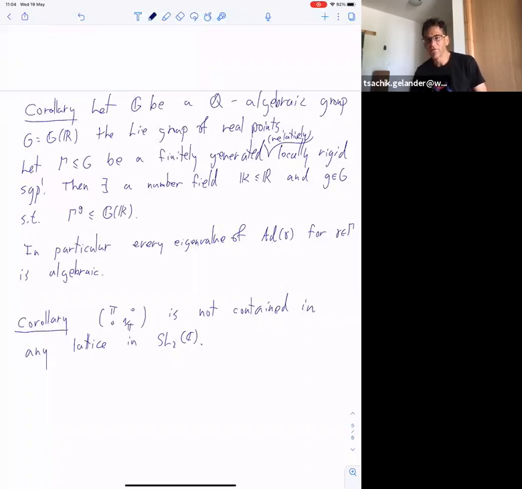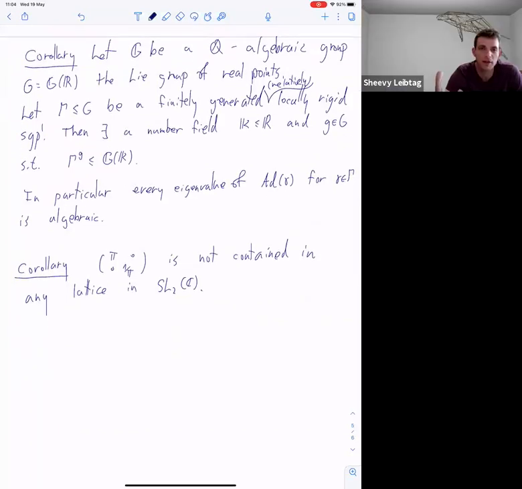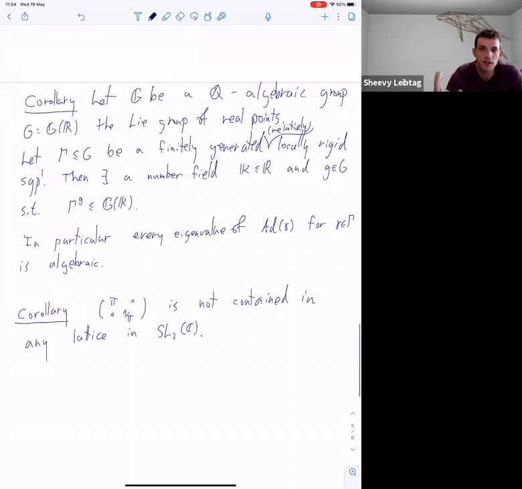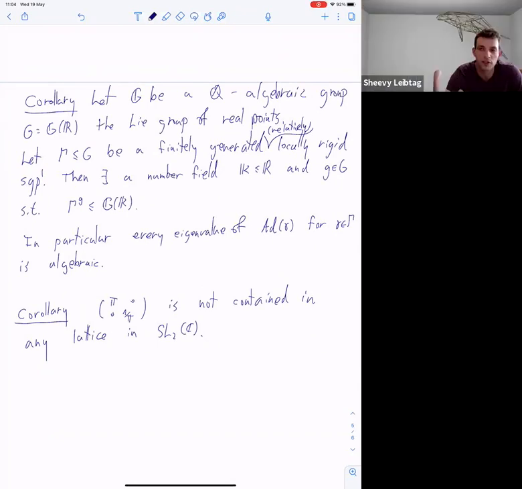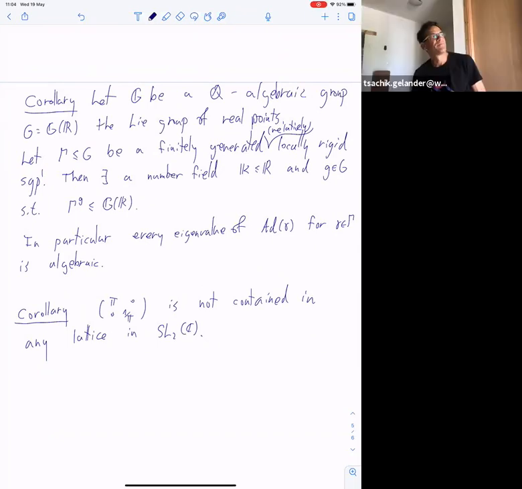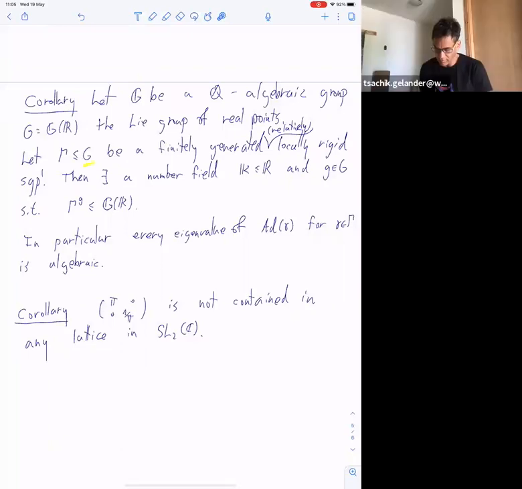Is it clear? I think what Tal meant to say is that the algebraic G here is not SL2 in the corollary. Yeah, it cannot be SL2 because of the restriction of scalars of SL2. So it could be SL2, because gamma is not necessarily a lattice.